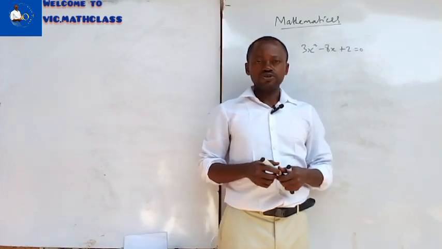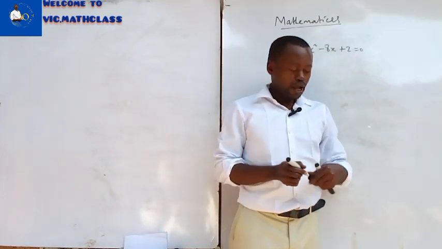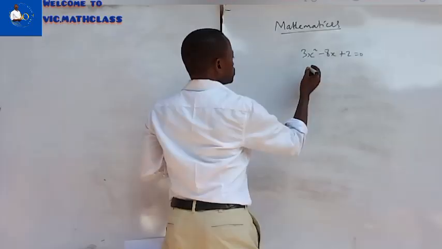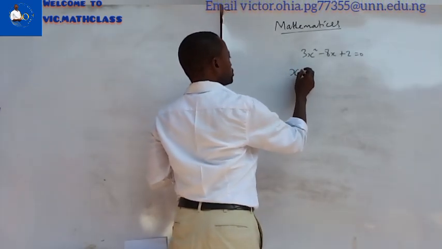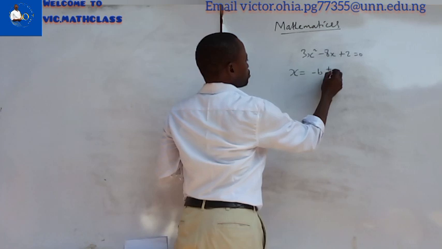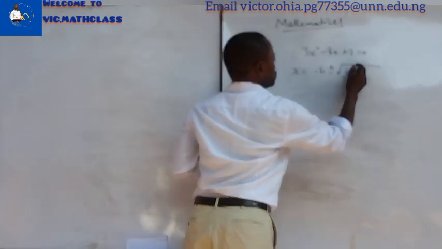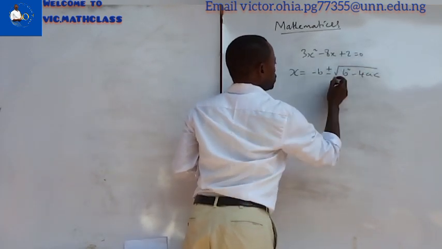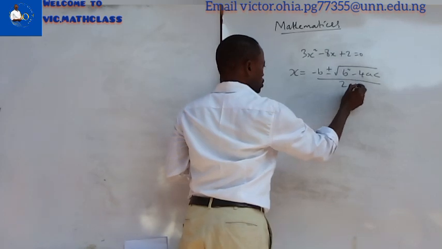The first thing you do is state the quadratic formula: x equals minus b plus or minus square root of b squared minus 4ac, all over 2a.